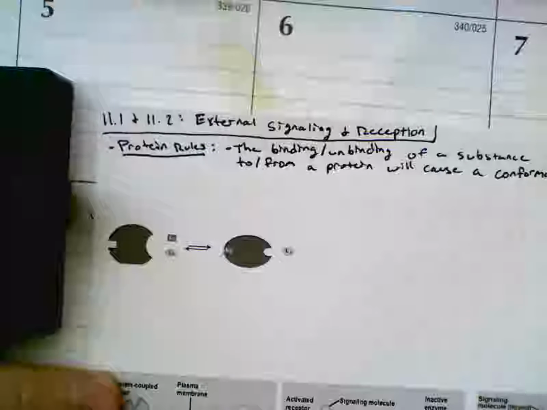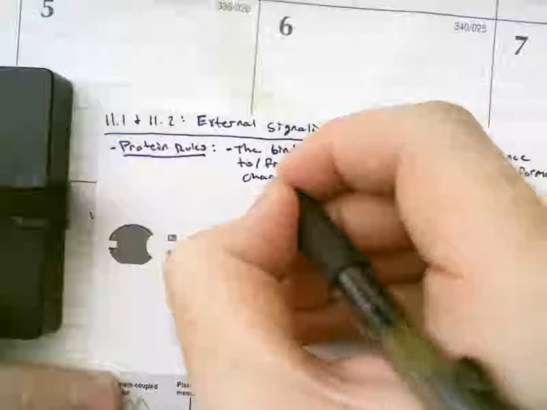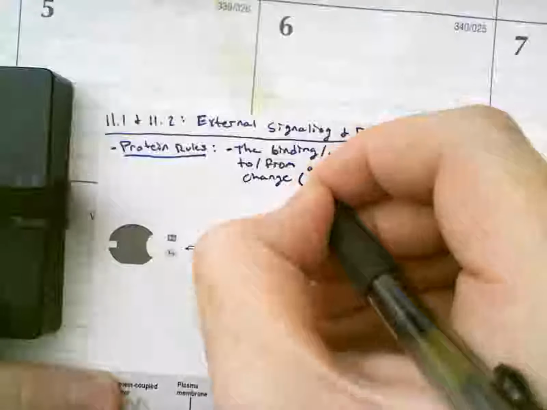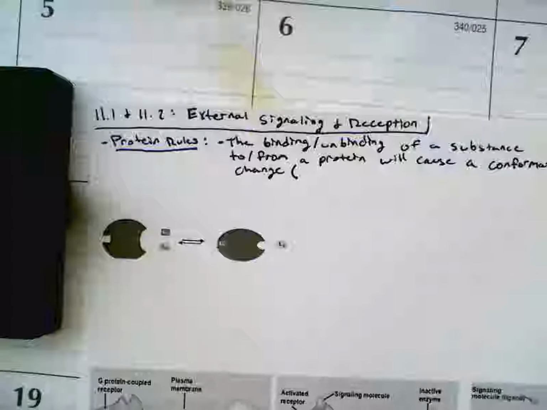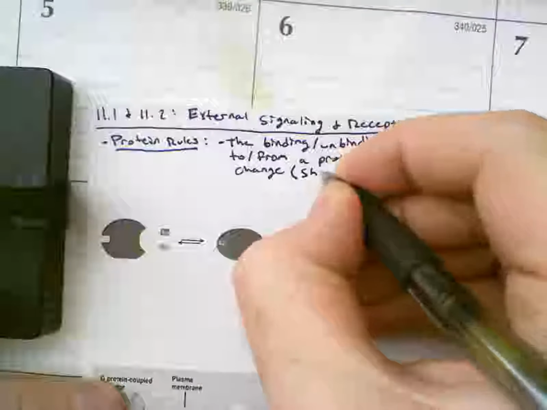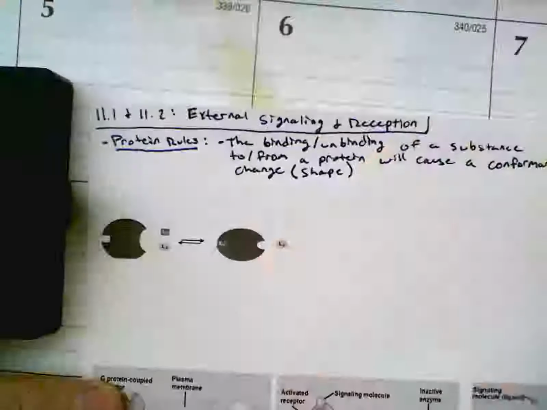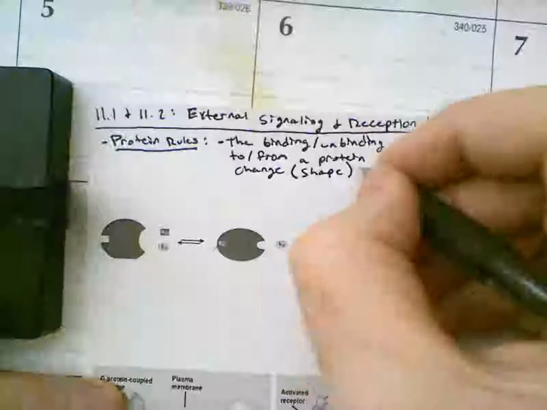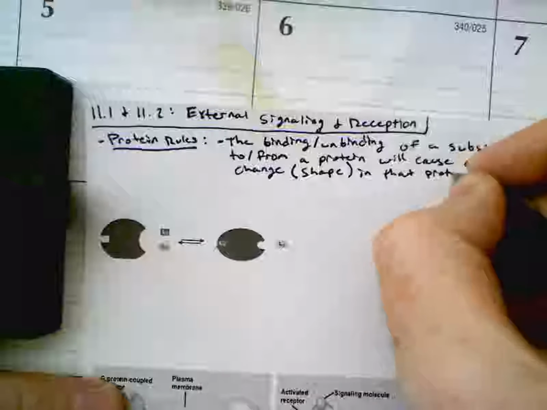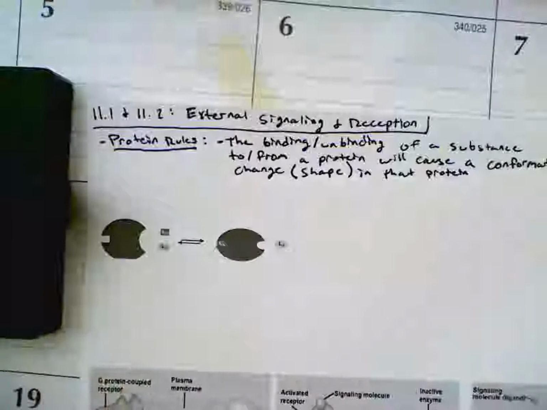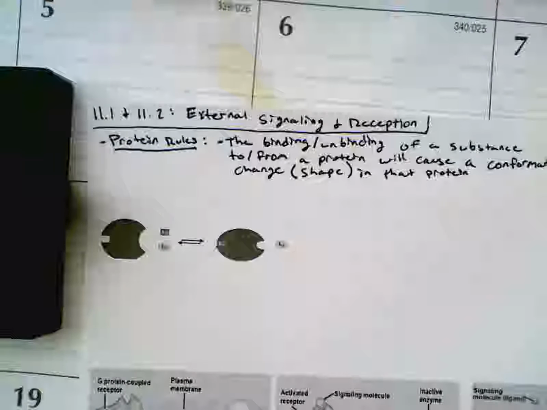Conformational change. What does conformational mean? Yeah, it's form, it's shape. So it causes a shape change in that protein. We already knew this from non-competitive inhibition.